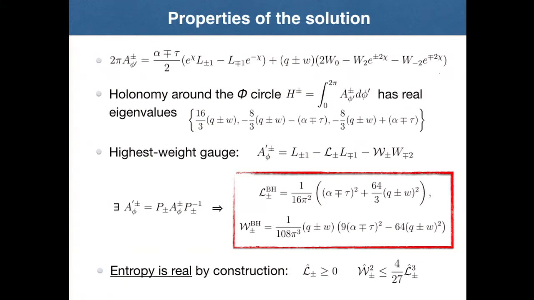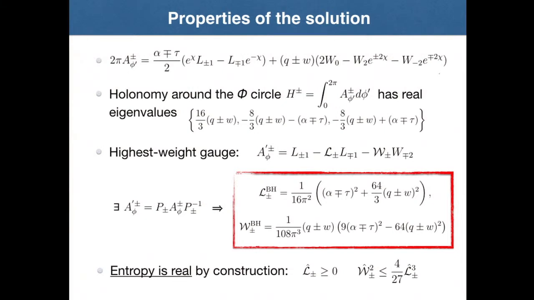But you can do even better, in the sense that you can find explicitly a gauge transformation, which is a mess, so it won't be shown on the slides, that brings you to the highest weight gauge. At the end, what you discover is that you have a certain parameterization of L and W, which are the charges.